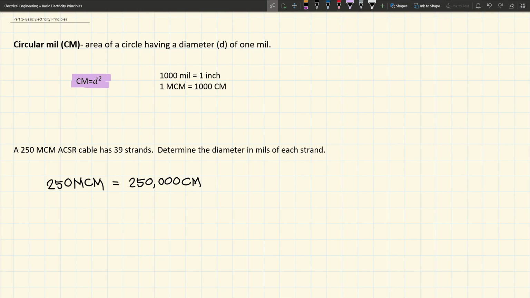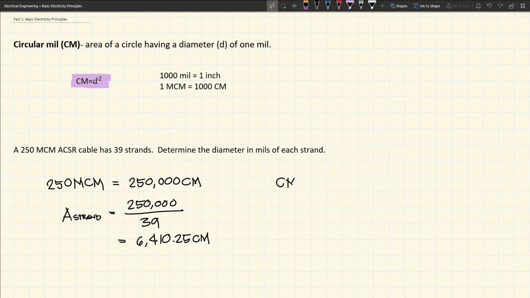Then now let's get the area of each strand. So to get the area, 250,000 divided by 39. So the area for each strand is 6,410.24 cm. The problem is to find the diameter of each strand.